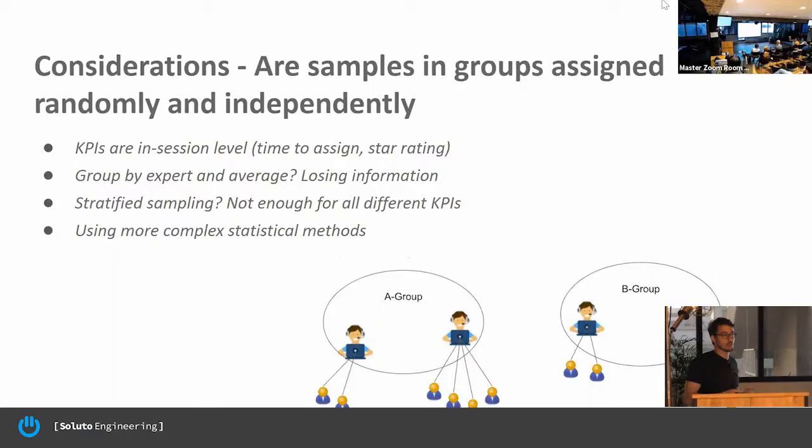So those are those methods. The problem here is we have multiple KPIs, and being able to answer all of those well using stratified sampling is hard. And what we eventually chose was going to more complex models for this kind of experiment where we experiment by expert.